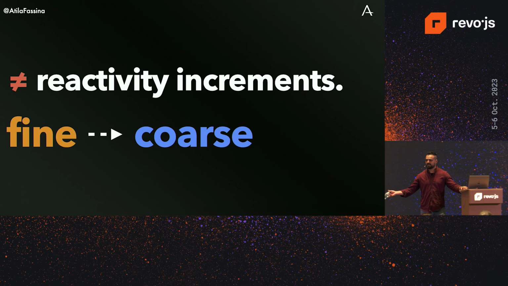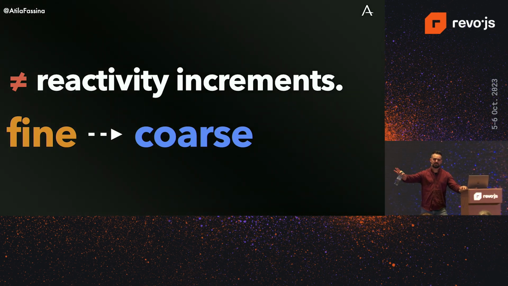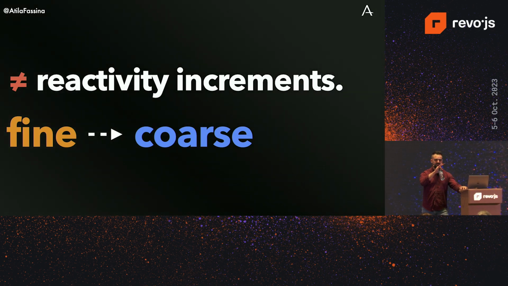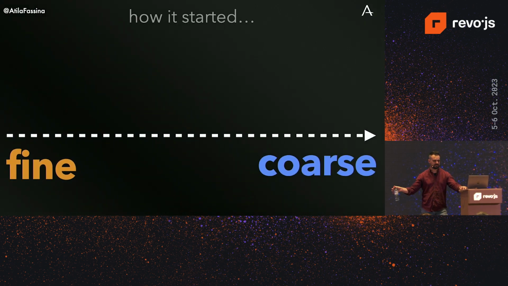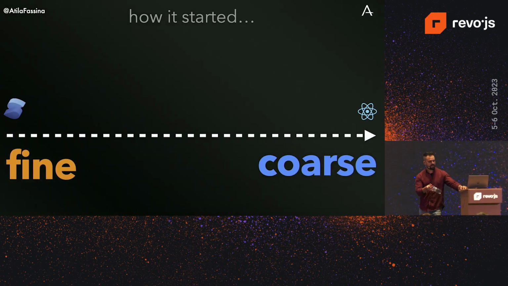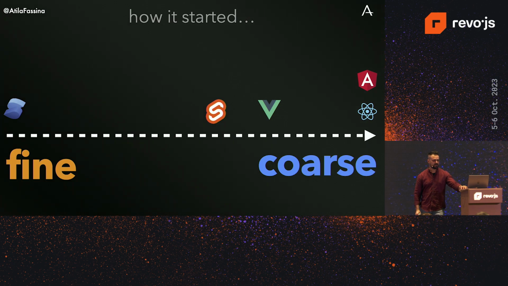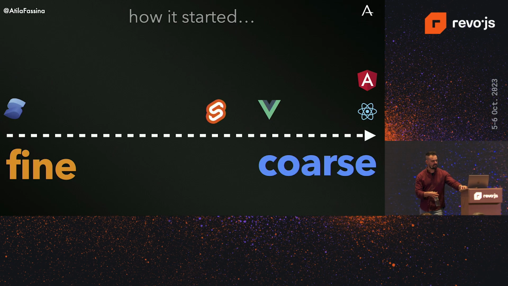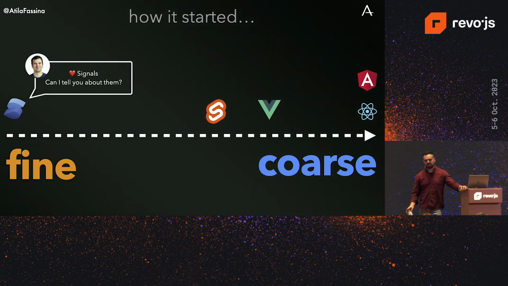But that being said, reactivity and fine-grained reactivity have different increments. So you can have something finer or something coarser. In the beginning, we had React doing the VDOM. Everybody was doing some degree of that. And then Solid.js came around.